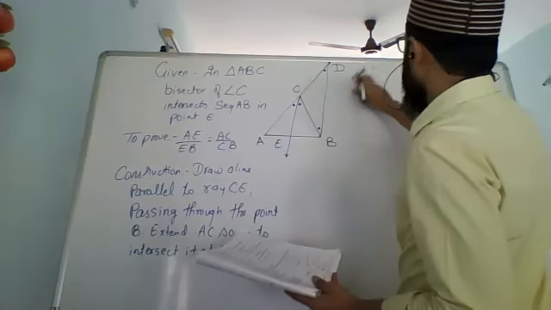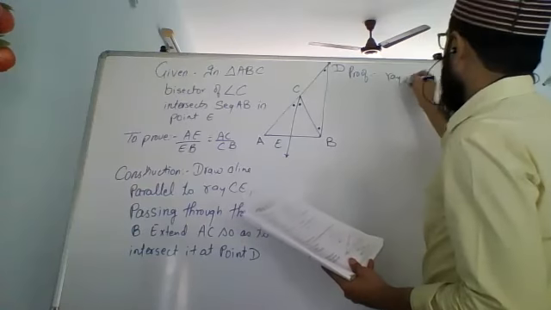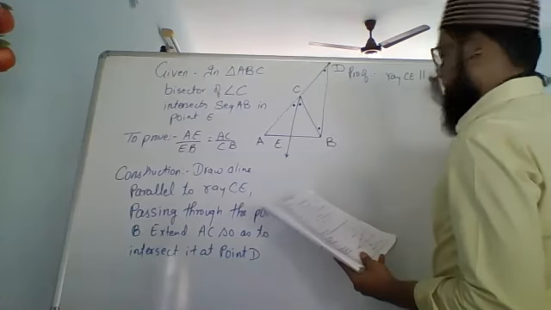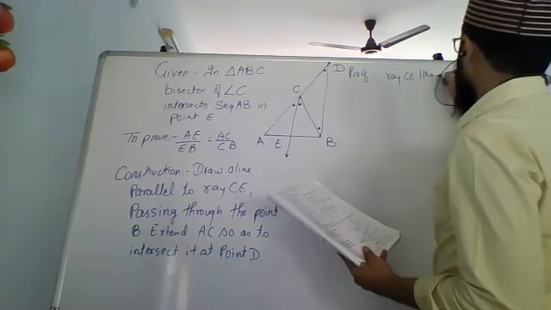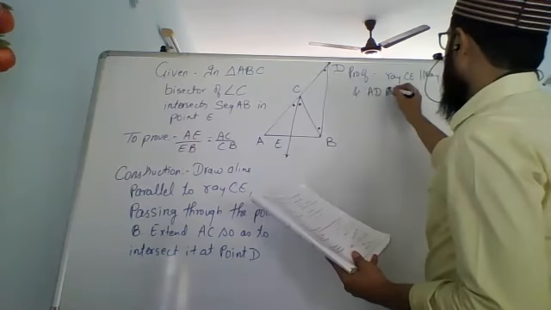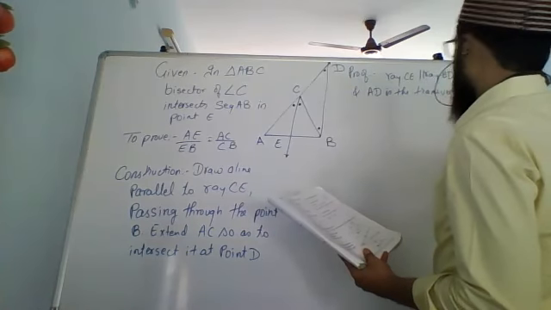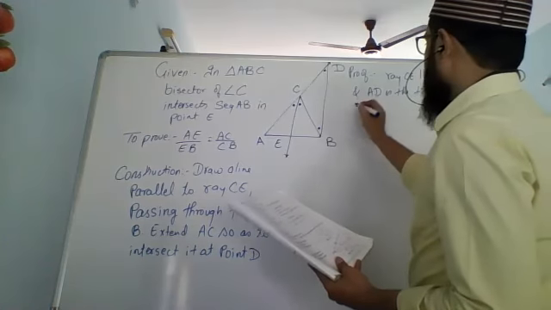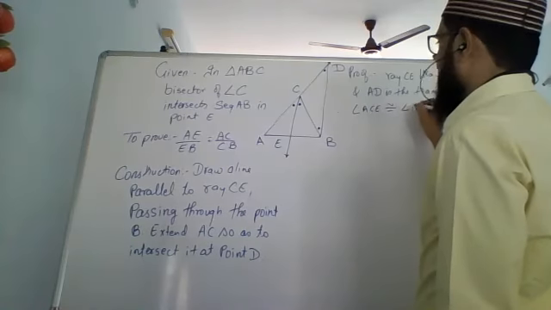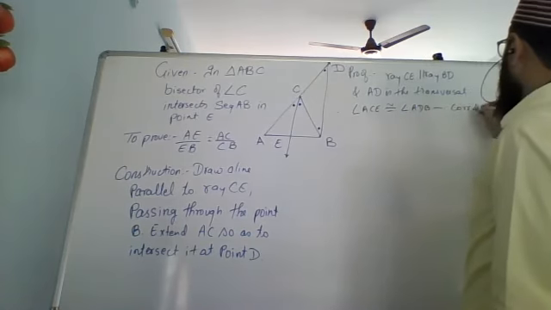We'll say ray CE is parallel to ray BD, and AD is the transversal. Therefore, angle ACE is congruent to angle ADB. Reason, corresponding angles.